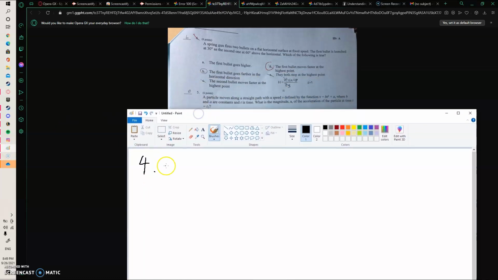The correct way to approach this problem is to know that Vx1 equals Vx2, because on the horizontal axis they're moving at the same speed. Sorry, that's incorrect at first, I wrote y; this should be x, unless you put y as your horizontal.